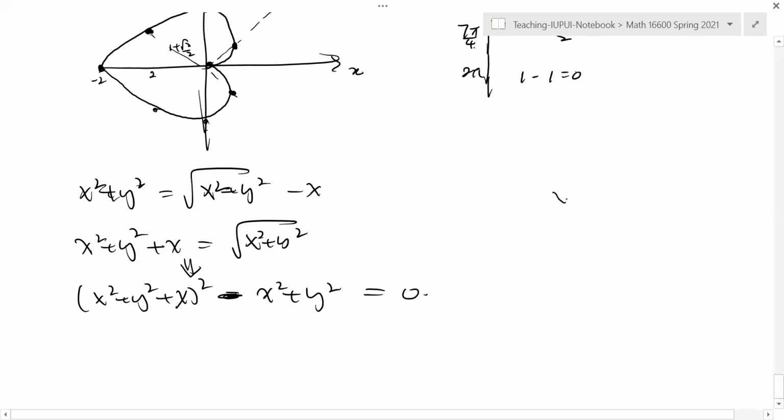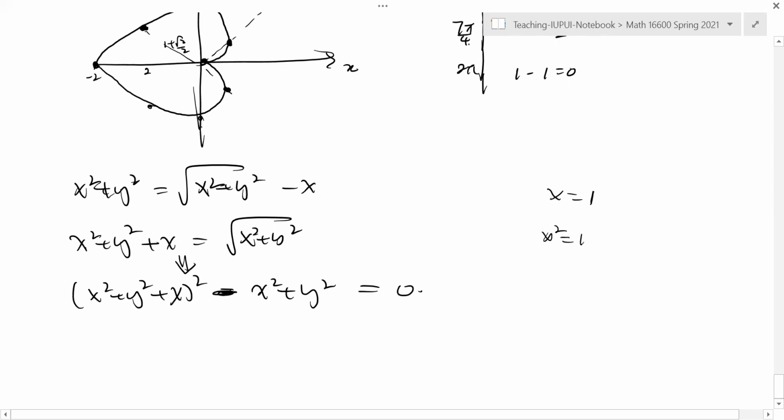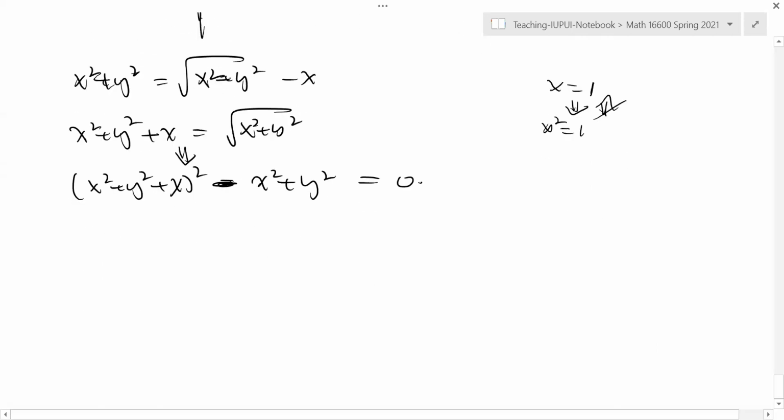For example, the equation x equals 1 is just 1 point on the coordinate line. But if you square it, you get x squared equals 1, then you have plus or minus, negative and positive, so you get 2 points there. So they're not equivalent. x equals 1 implies x squared equals 1, but conversely, it's not. So if you draw the graph for x equals 1 and the graph for x squared equals 1, the graph of x equals 1 is contained in the graph of x squared equals 1. So the graph of x squared equals 1 might contain more.